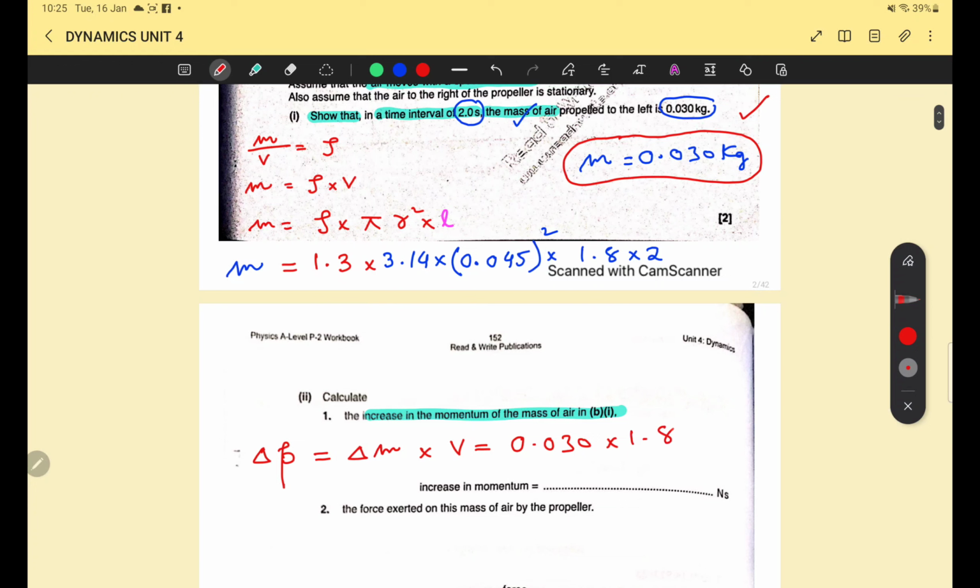If you multiply the constant speed 1.8 with 0.030, the answer becomes 0.054.